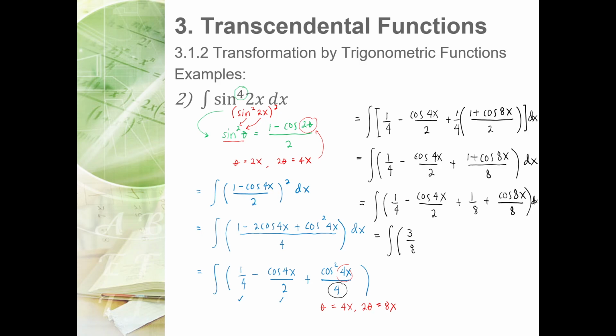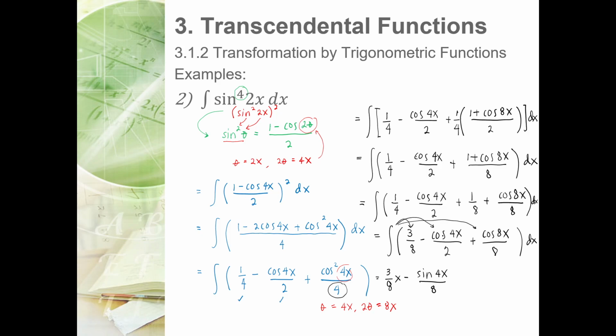So 3/8 minus cosine 4x plus cosine 8x over 8 dx. So again, integrate each term. So the final answer would be 3/8 x and then minus, so the integral of cosine is sine, so this would be sine 4x over 8.